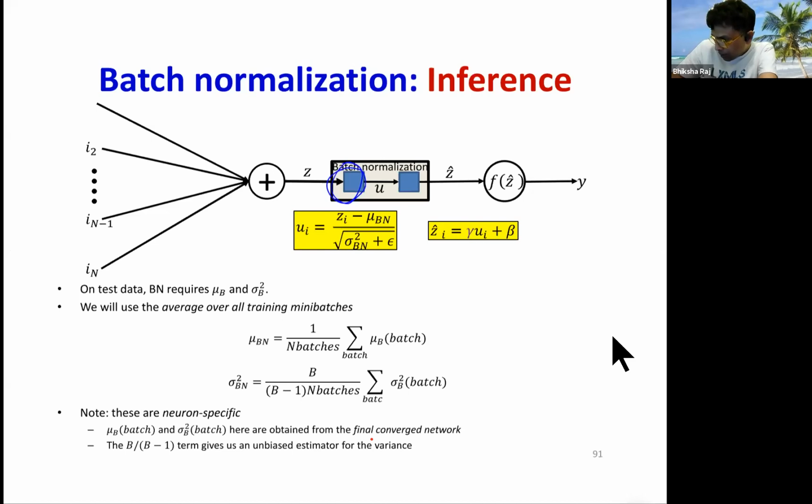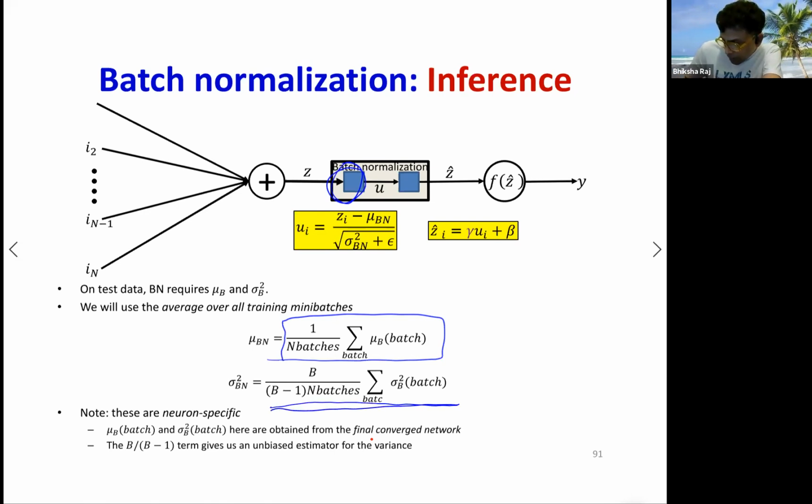So instead, we will use the average of the mini batch means computed over all of the mini batches in the training data. Similarly, we're going to use the average of the mini batch variances over all of the mini batches.